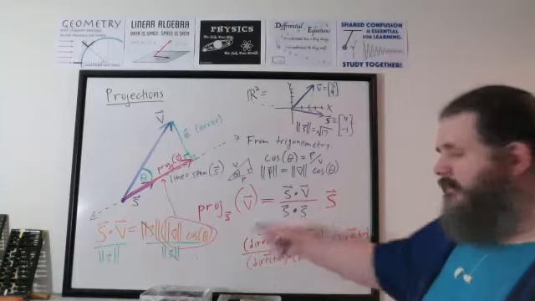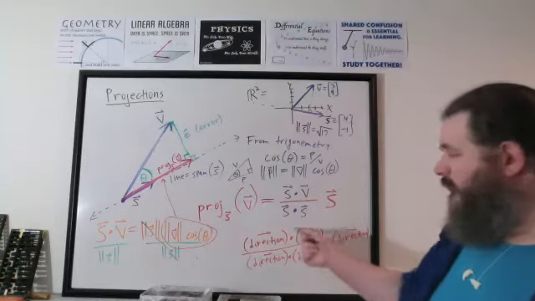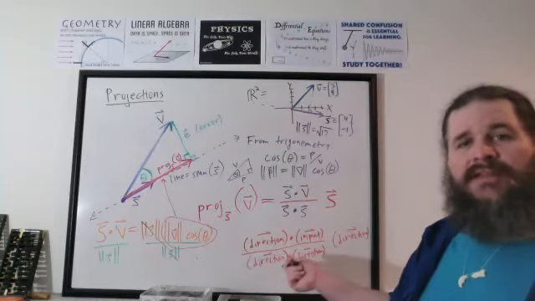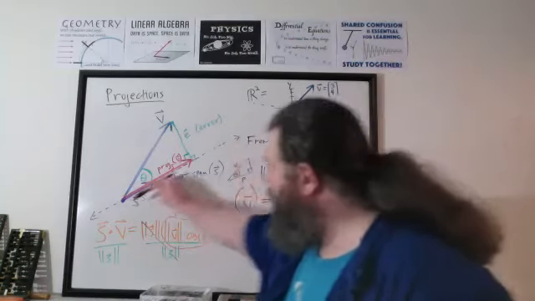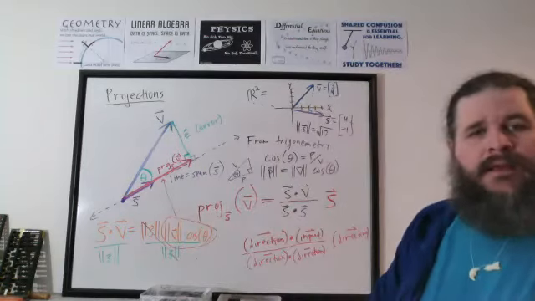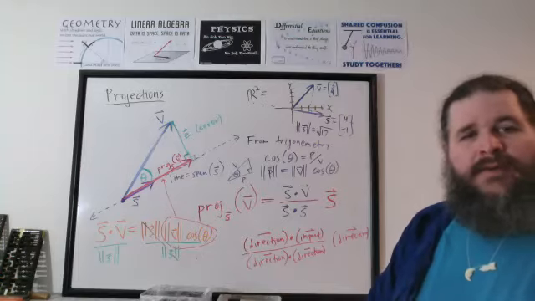So this scalar, direction dot input over direction dot itself, creates the correct magnitude when multiplied by the direction vector to get the correct direction. Any questions on that formula or where it comes from?